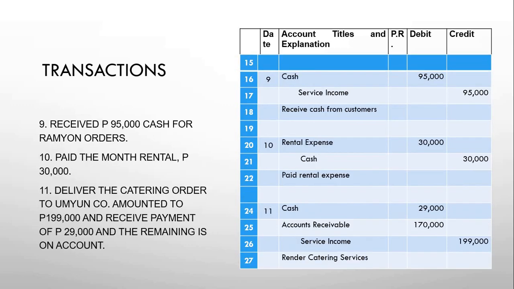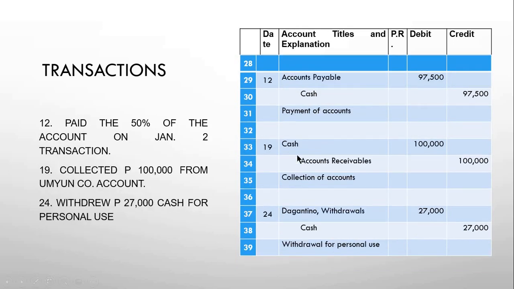So, remember na meron siyang receivable from Union na 170,000. Nag-collect na daw siya ng 100,000. So, yung mangyayari is, naka-receive siya ng 100,000 for the collection of the account or of the receivable and credit accounts receivable. So, paliitin na natin si accounts receivable kasi na-collecta na natin siya. Okay, 100,000. Na-convert na siya into cash by collecting the account.